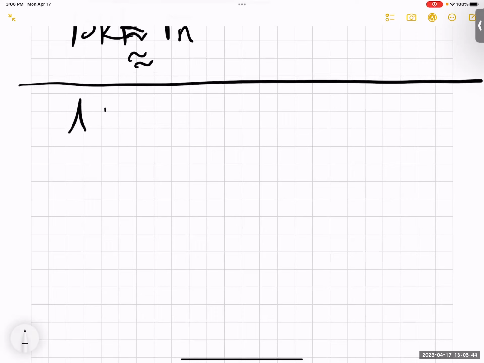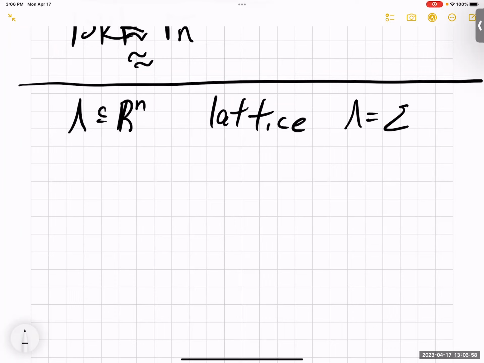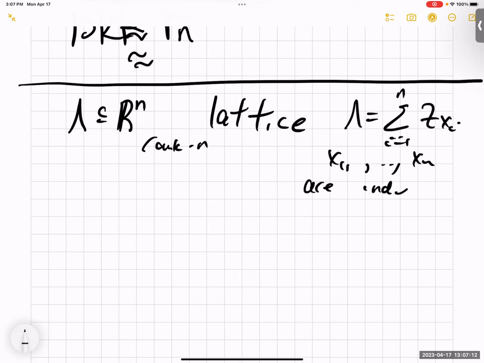If Lambda in R^n is a lattice, it's the same thing as the sum over i from 1 to n of Z x_i, where x_1 up to x_n are linearly independent vectors.